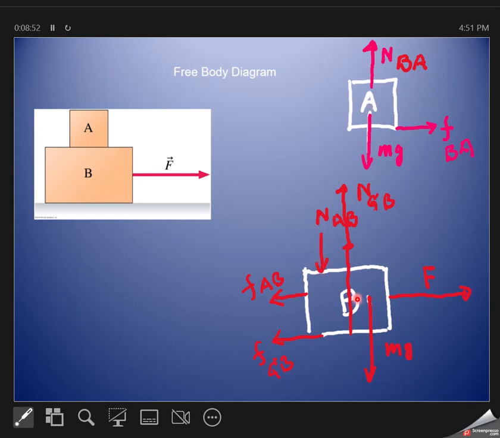Therefore, there must be the same amount of force pushing upward, all supported from the ground. The supporting force from the ground pushes the box up and exactly cancels the gravity and the force from the box. So this is the ground on B.